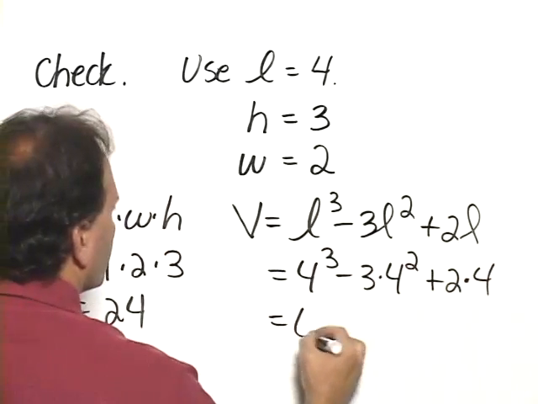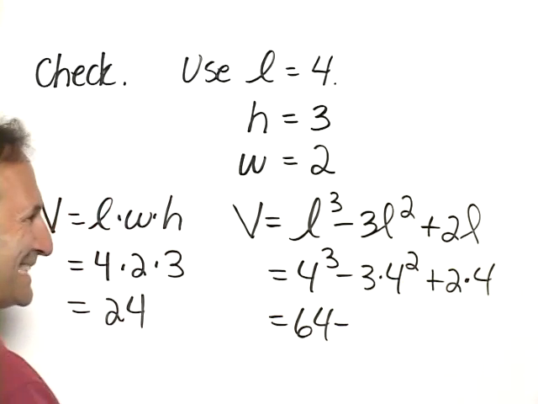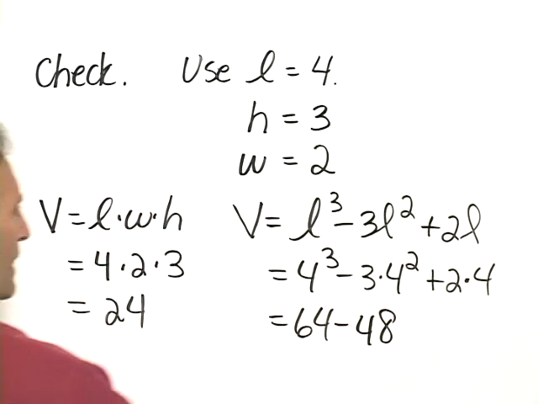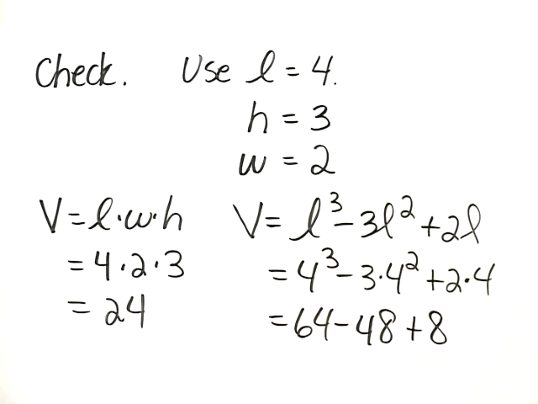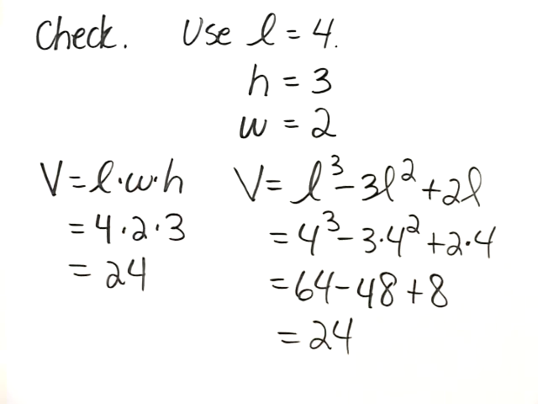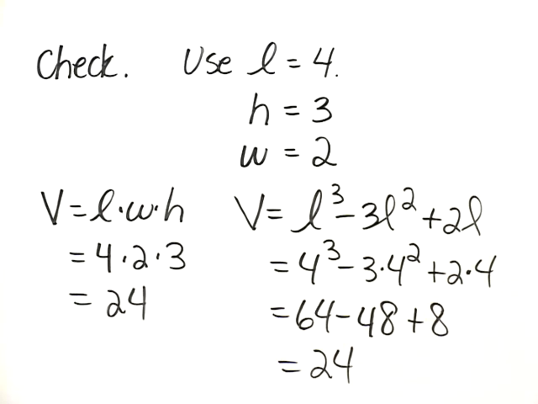This would be equal to 64 minus 4 squared is 16, 16 times 3 is 48, plus 2 times 4, which is 8. When we simplify, we will get 24. Since those two volumes match, we can assume that we have the correct formula.